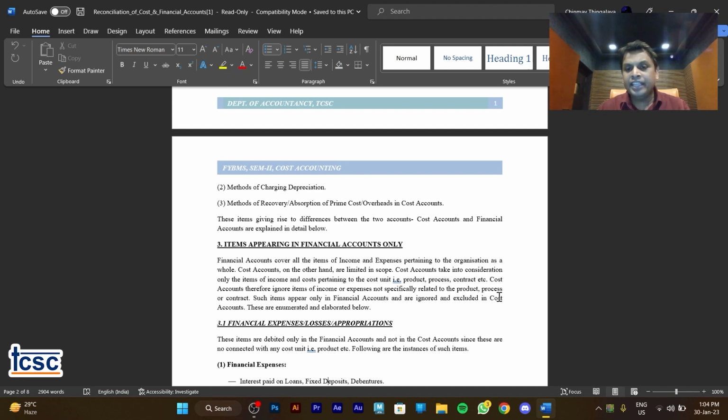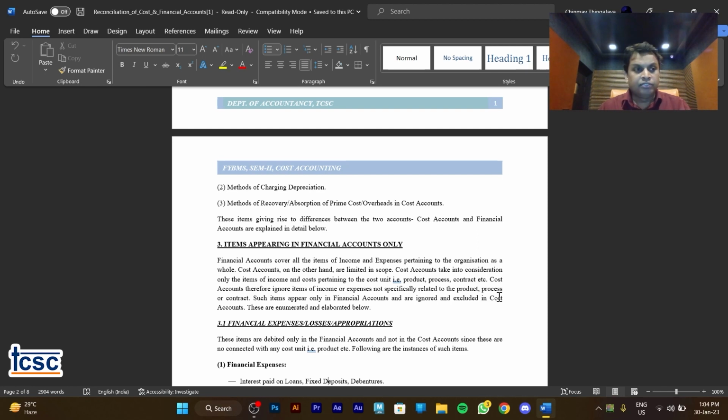Now, again, there may be a possibility that my cost accountant who sits in factory premises follows the FIM method, that is fixed installment method, to charge depreciation. At the same time, my financial accountant who sits in office premises is going to charge the reducing balance method.